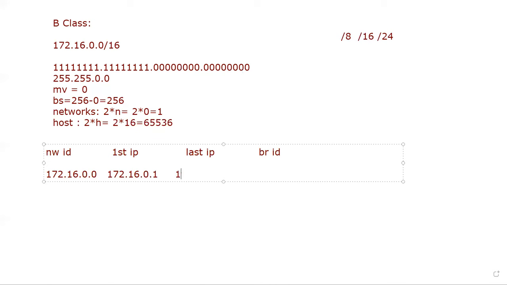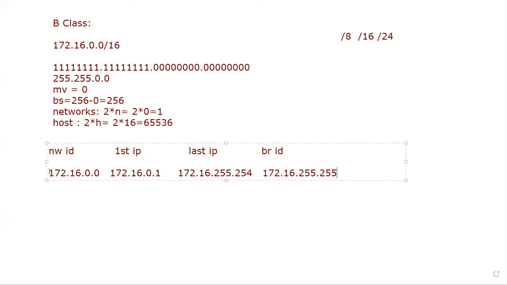Last IP is 172.16.255.254, and broadcast ID is 172.16.255.255. Because only the fixed bits are 172.16, now from 0.0 up to 255.255 they can be used. Understand?